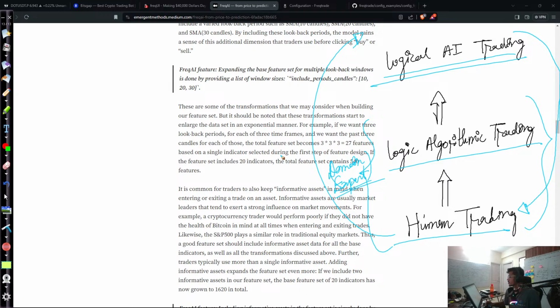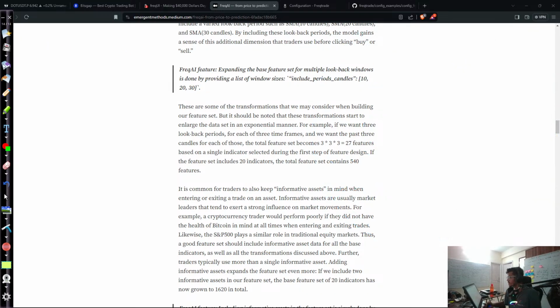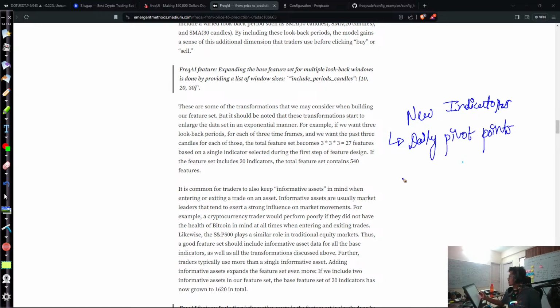So we're going to be doing a lot of streams with this one. For instance, here we can add new indicators that we have developed. What I mean by that is, in the last couple of streams we built daily pivot points. We can add that as an indicator for support and resistance.